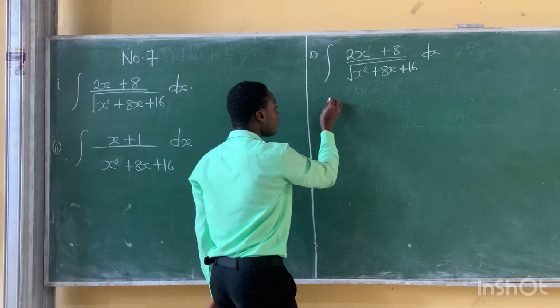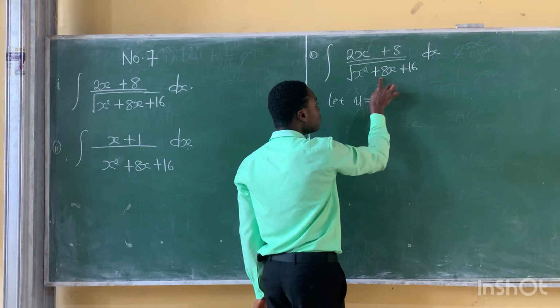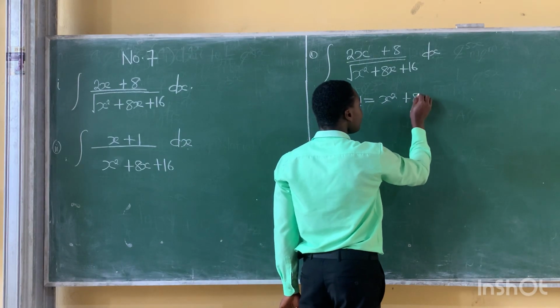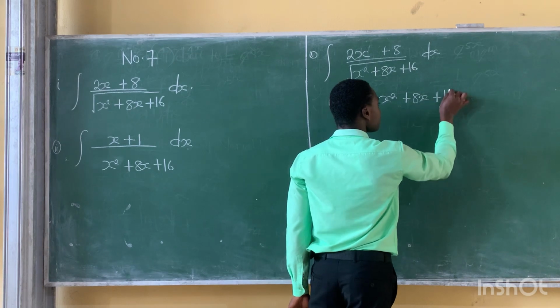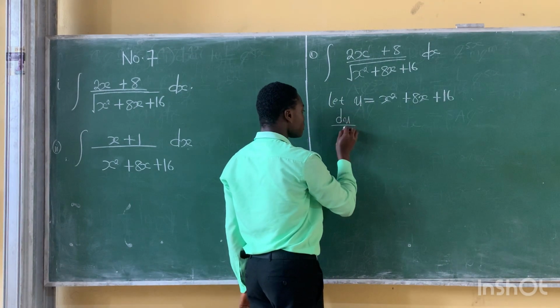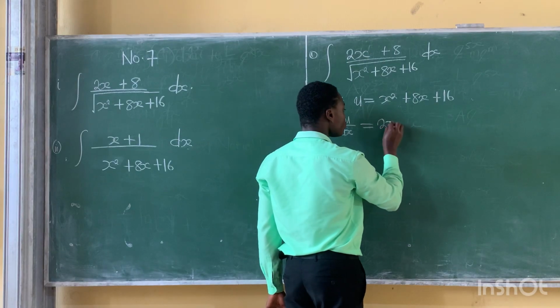So what we are going to do here, we are going to let u be equal to x squared plus 8x plus 16, so that du dx becomes, if you differentiate this, you have 2x.